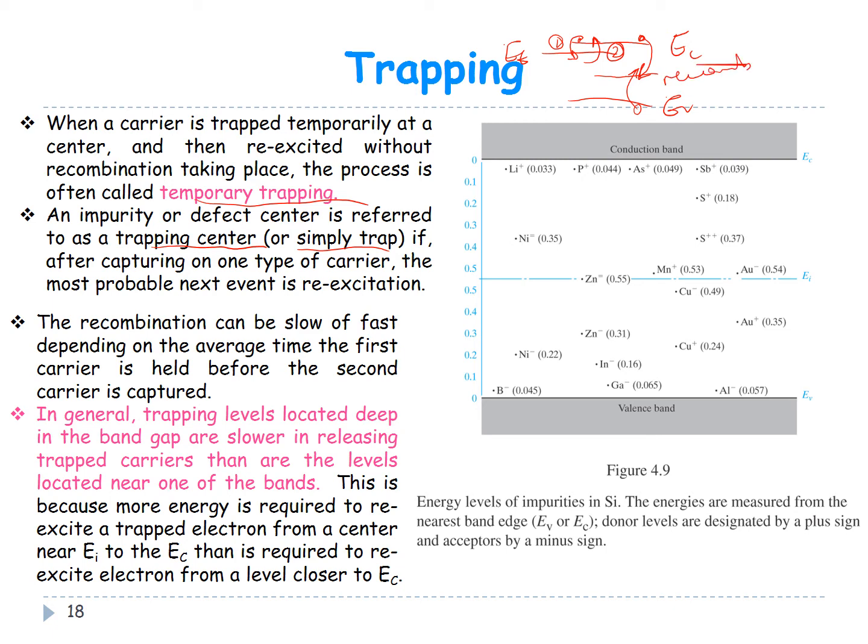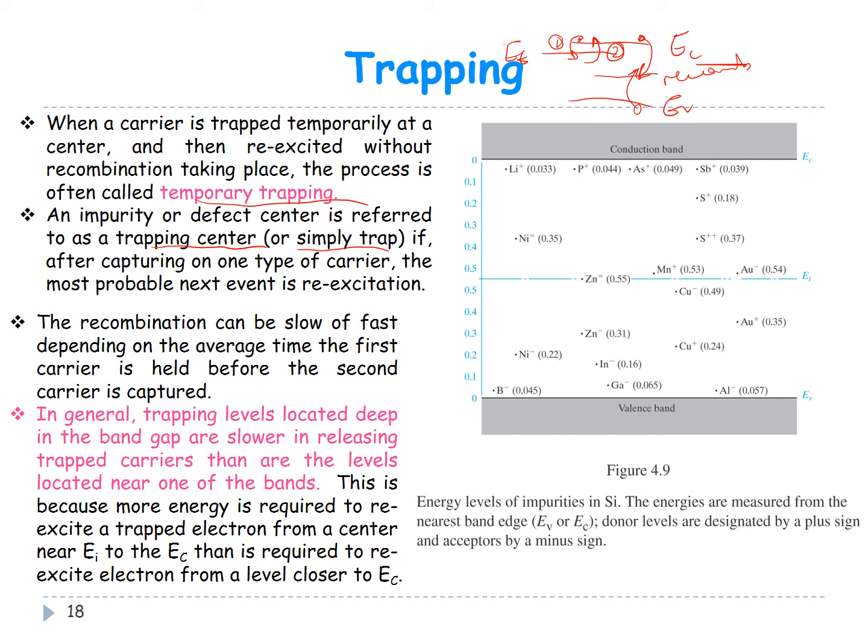So if we use this definition, you can see that a trap is a state that after capturing a carrier of one type, the most probable next event is re-excitation, whereas a recombination center captures a carrier of one type, and the next most probable event is the capture of a carrier of the other type.